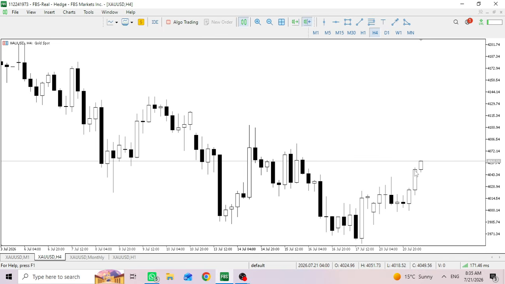Then the estimated range, the implied volatility, what's that? 23.88. And because this is a buying candle, we are adding to the opening price, which is 4024.96.